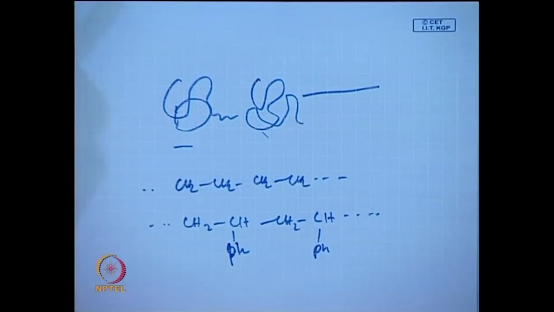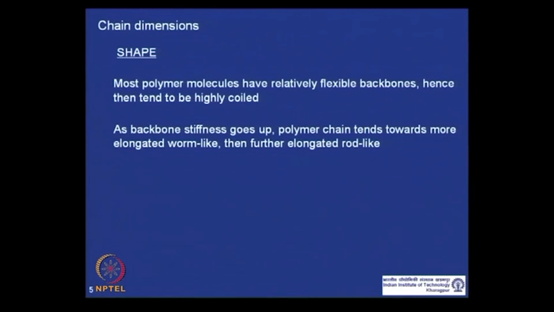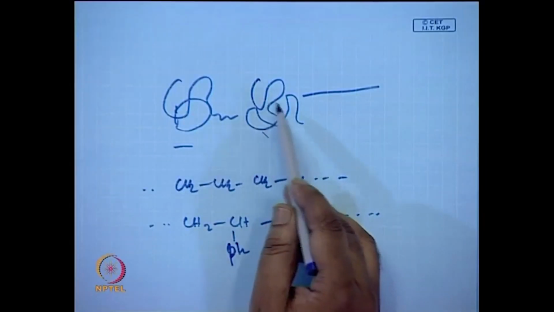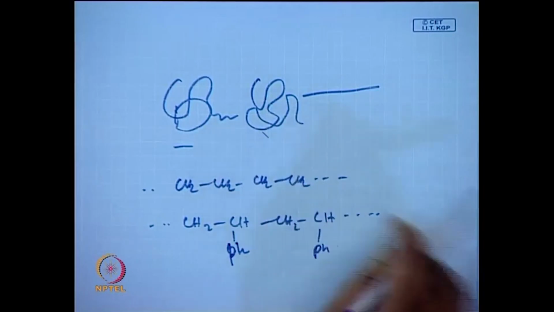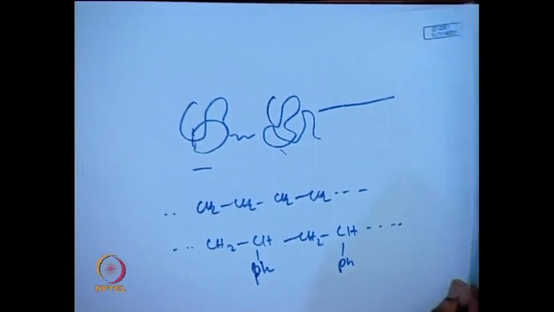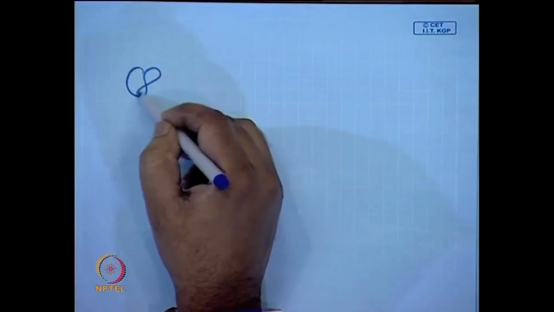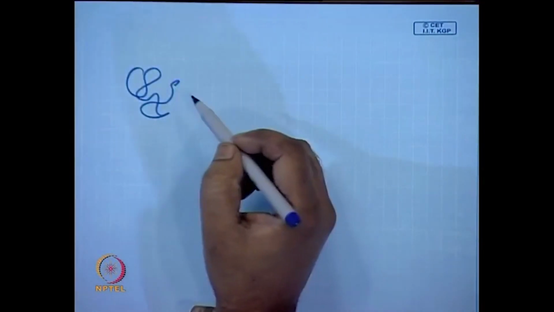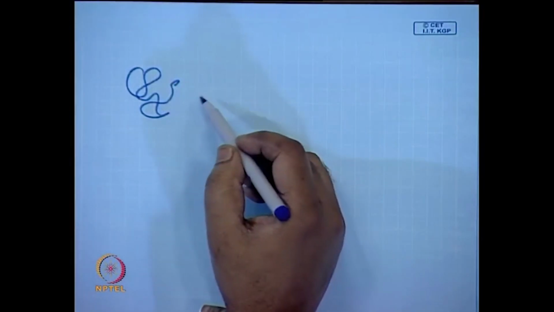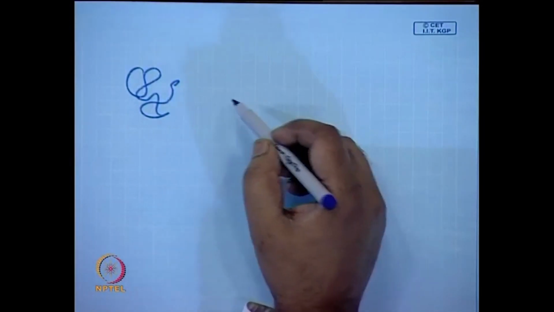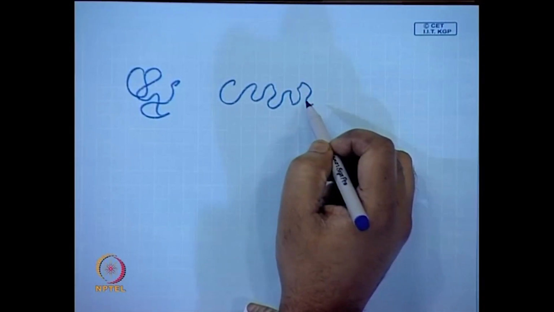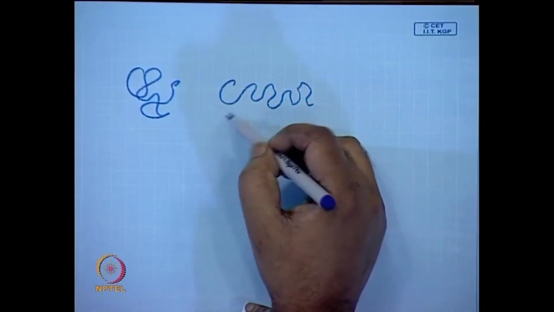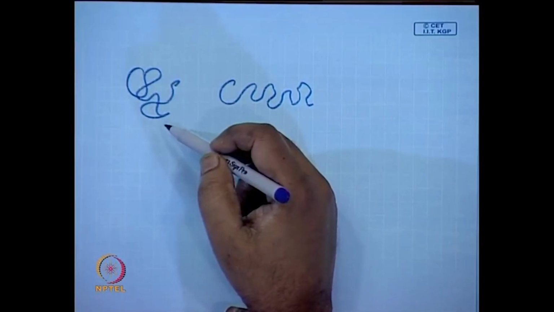Now, if the stiffness goes up, the flexibility comes down, and coiling will not be possible. So, if this is a coil structure, when the stiffness goes up it will be something like a worm-like chain, because it is not flexible enough to become a coil.